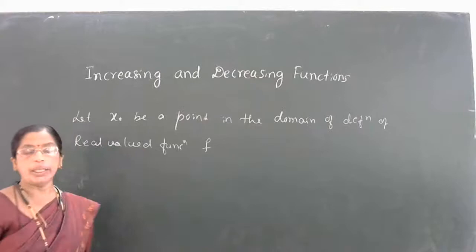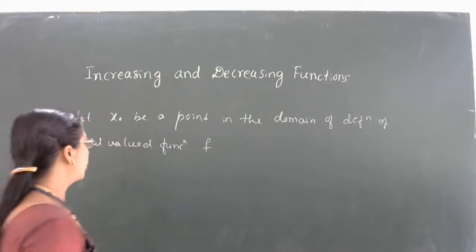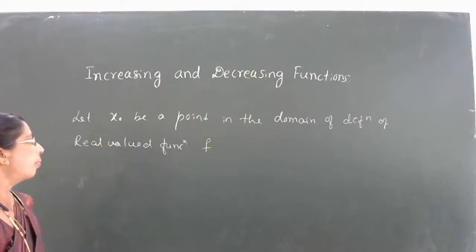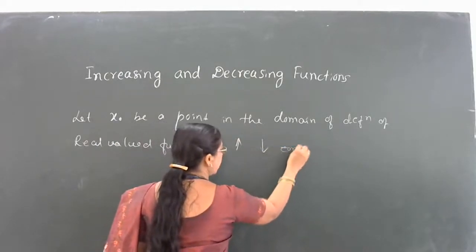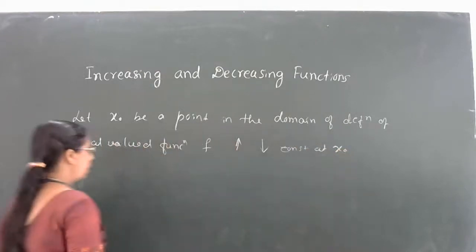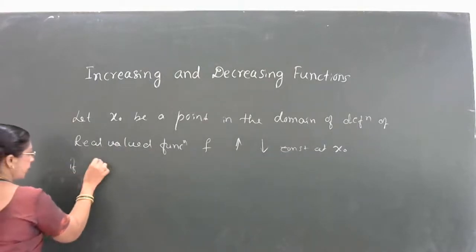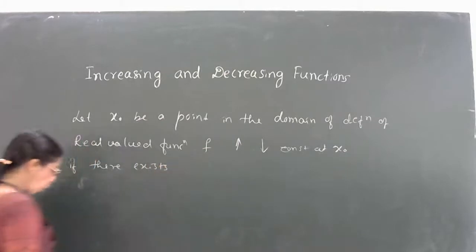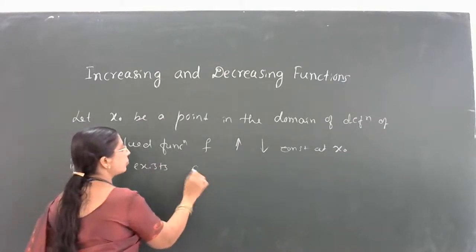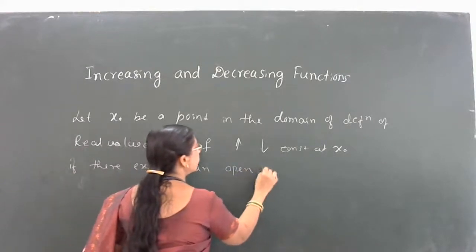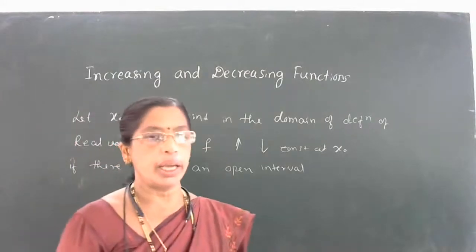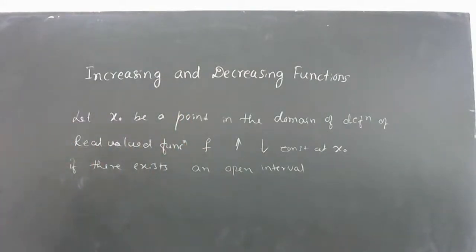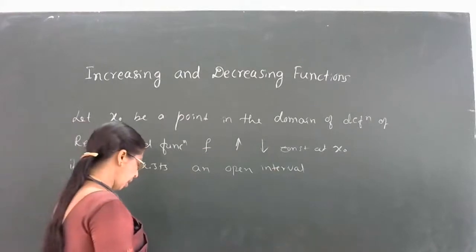Then f is said to be increasing, decreasing, or constant at x0 if there exists an open interval I containing x0, such that the function is increasing or decreasing or strictly increasing or strictly decreasing in I.